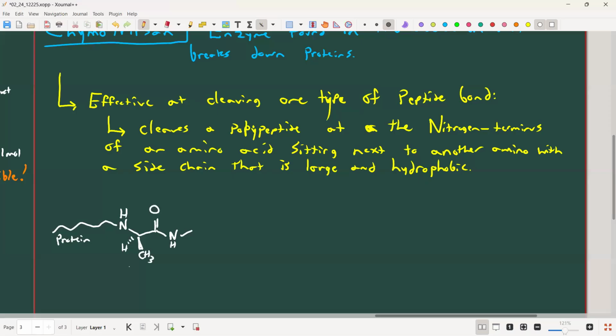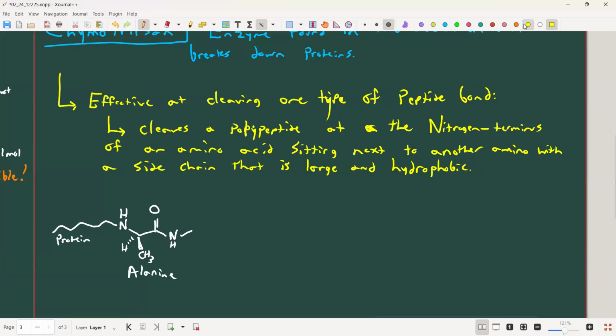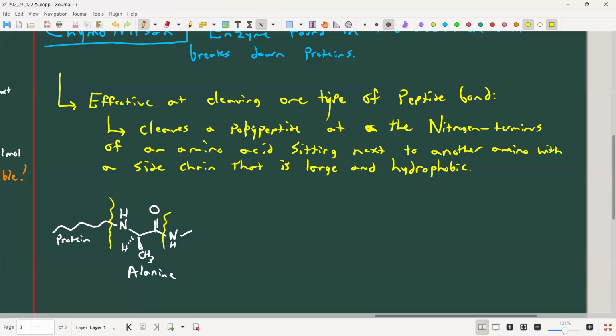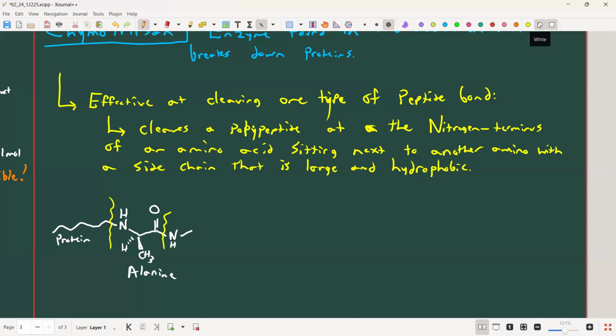And then, so this is alanine, this first one. Am I missing options? So this is alanine here. That's alanine, and it's connected to something with a big fat functional group on it. So we'll put like a tyrosine there. So that's going to look like, I just want to get the drawing right here.